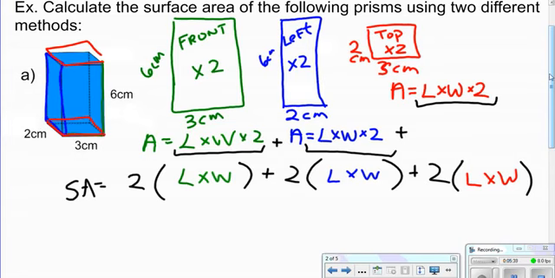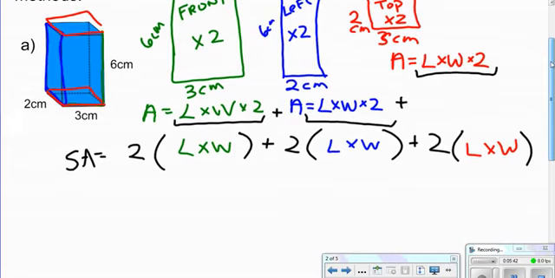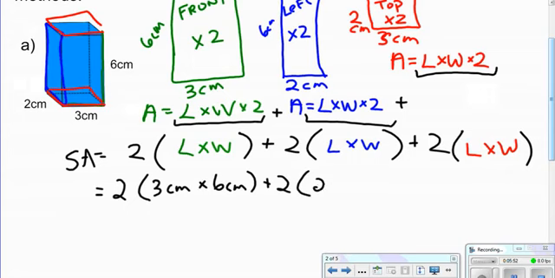And I've color-coded it to kind of help us keep track of what's going on here, because this can get confusing pretty quickly. So we're going to go 2 times 3 centimeters times 6 centimeters plus 2 times 2 centimeters times 6 centimeters plus 2 times 2 centimeters times 3 centimeters.